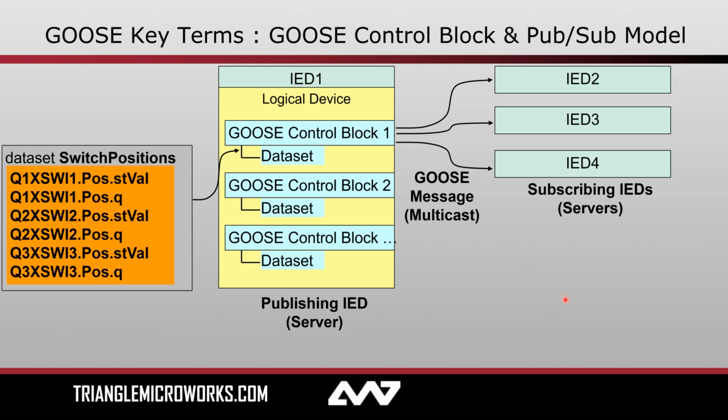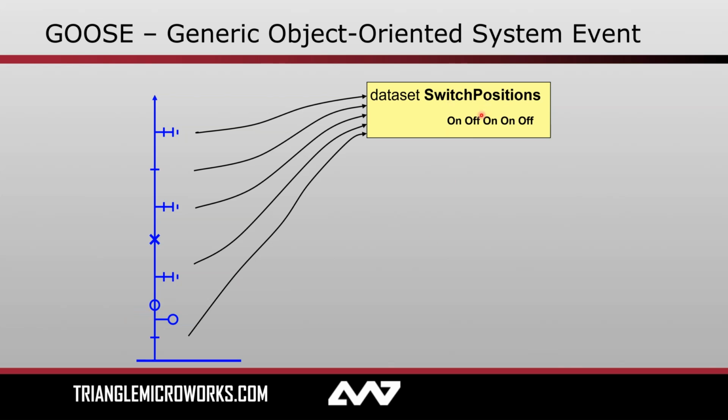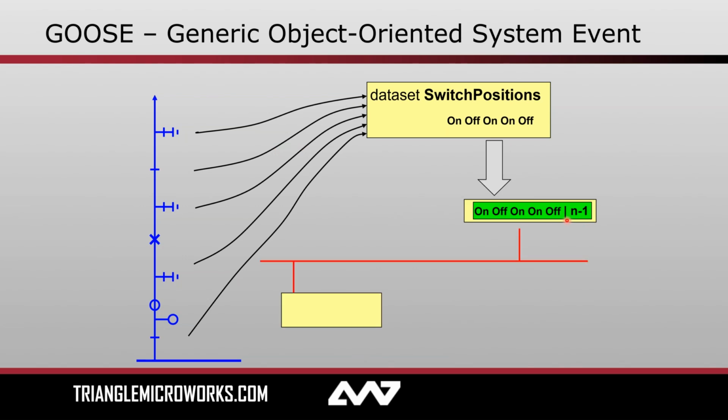Just to illustrate this point further, I have a quick example. So let's say we again have our same single line over here on the left-hand side, and we have an IED with a data set containing the position of 4 different switches. These will be packaged up into a GOOSE message with a state number of, let's say, N-1 and transmitted out on the wire to a subscribing IED.